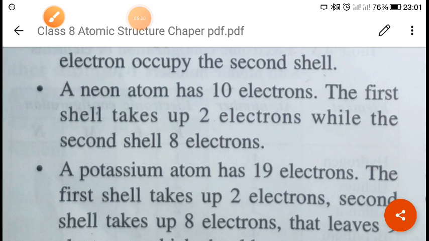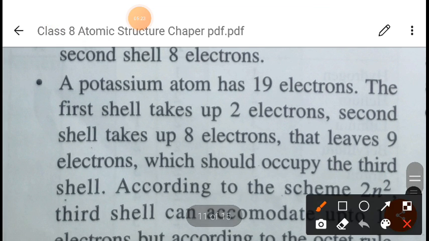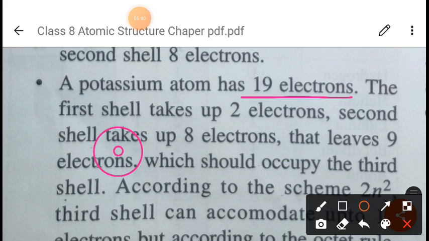Now again, when we talk about potassium, it has 19 electrons. According to the octet rule, how many electrons can be accommodated in the outermost shell of a neutral atom? It should be 8, right? Octet rule. So how will we fill this? Suppose there is a nucleus here. This is the first shell, this is the second shell, and this is the third shell.